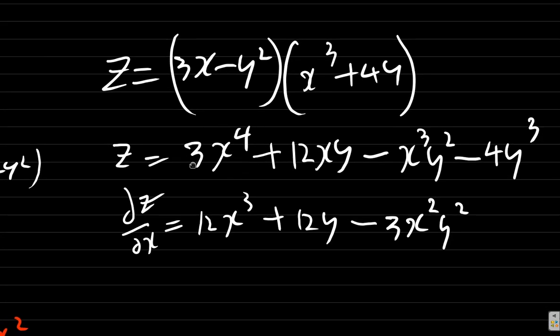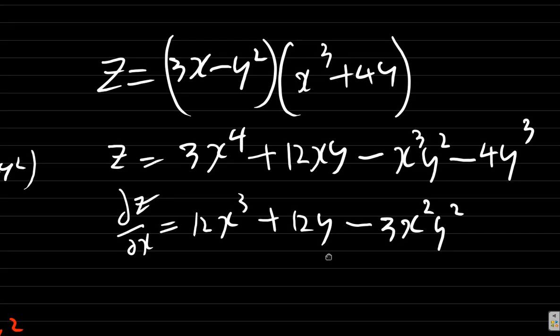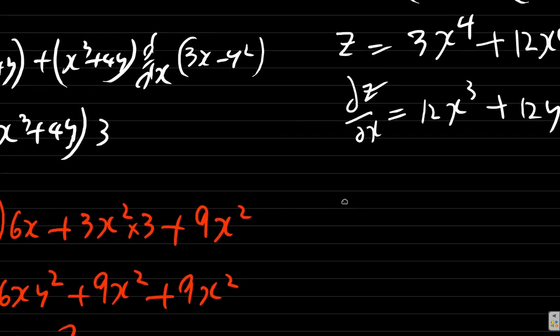Alright, this is 3 fours 12x cubed plus 12y minus that. That's delta z by delta x.